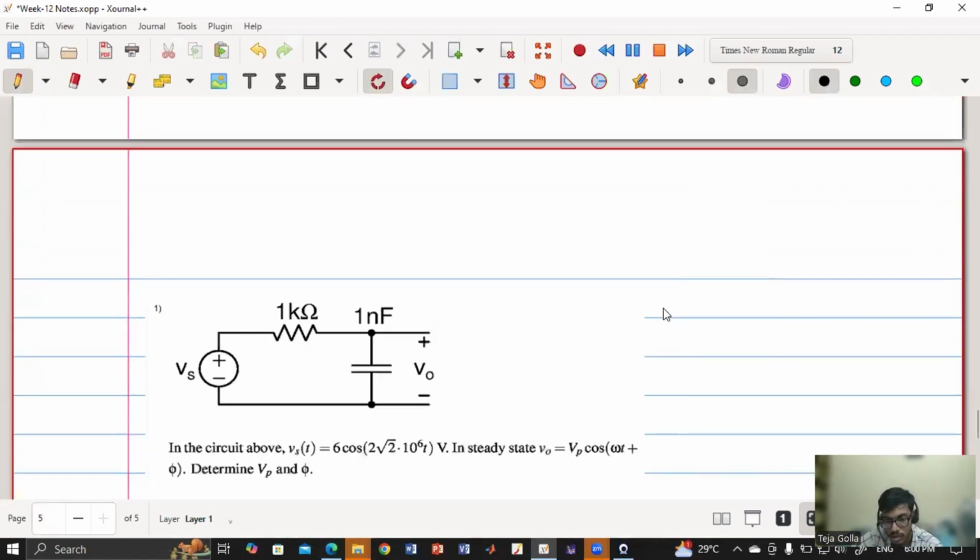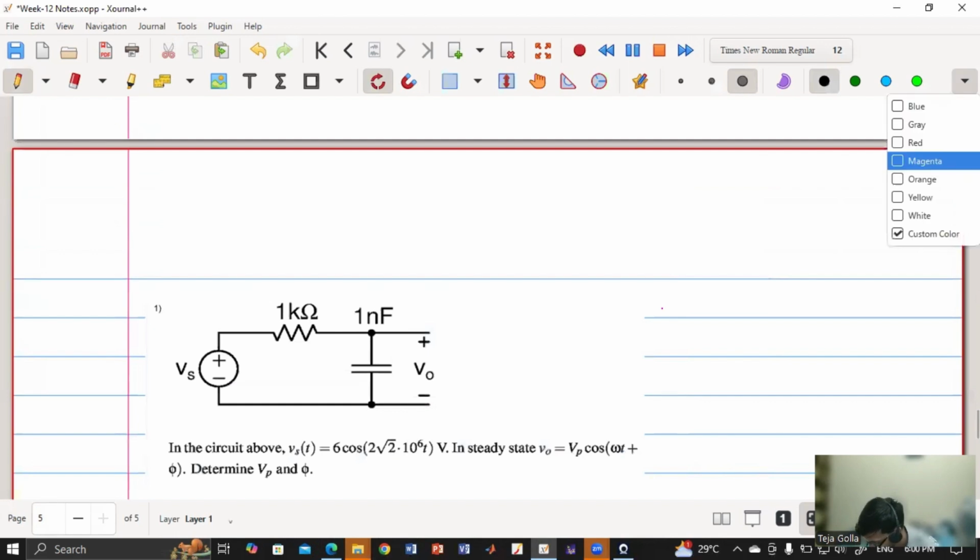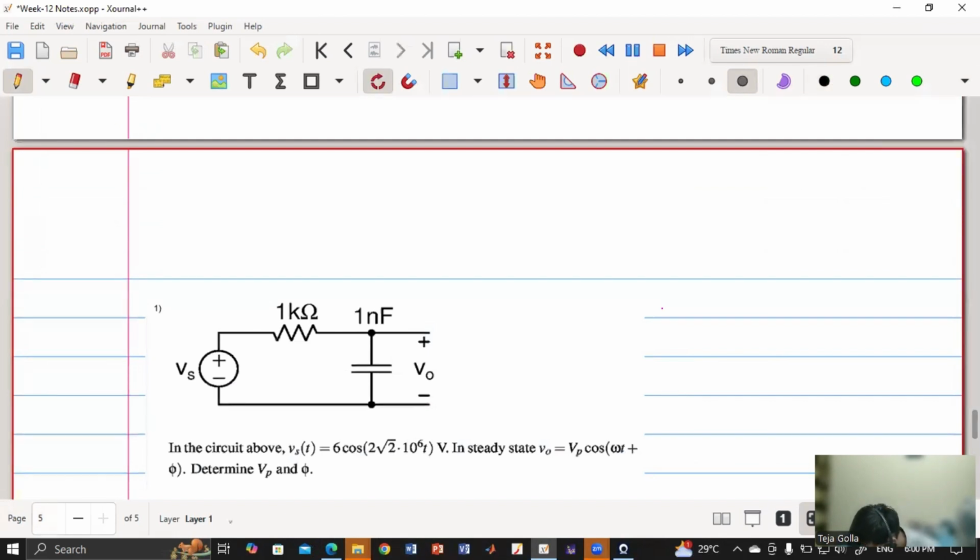So this is our today's problem solving session. This is our first problem.